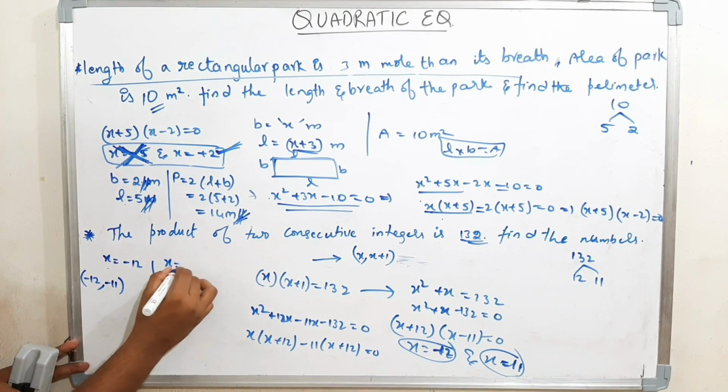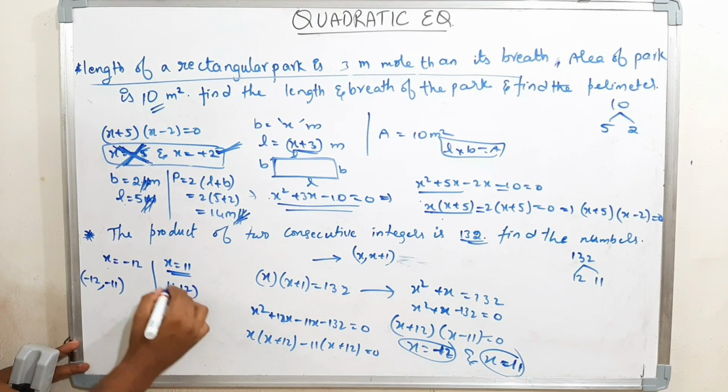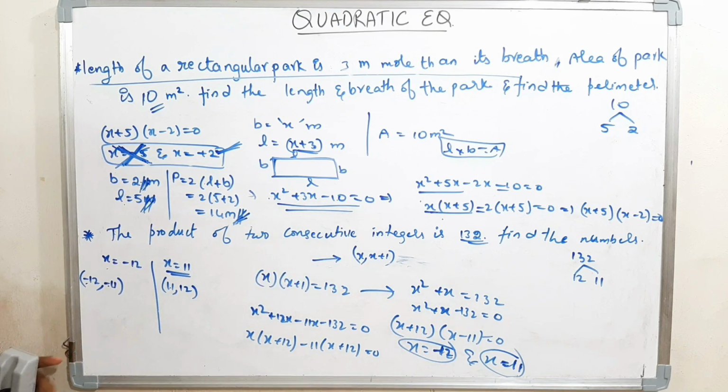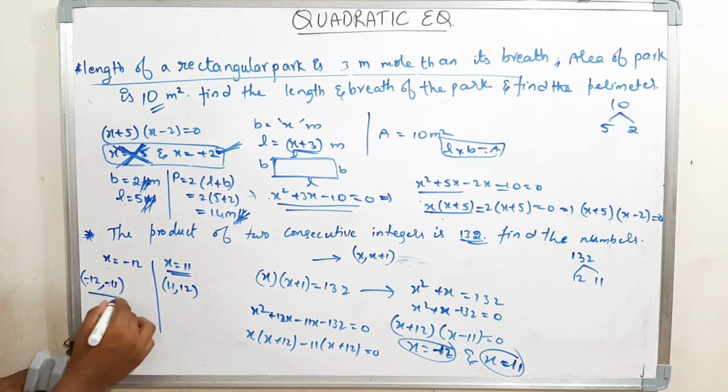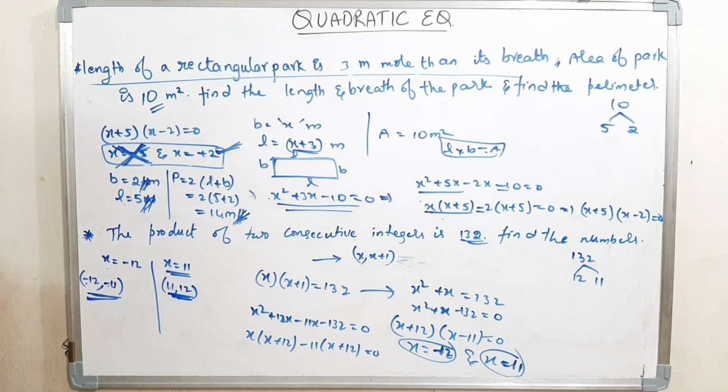Or if I take x is equal to 11, then the consecutive numbers are 11 and 11 plus 1, which is 12. 11 into 12 is 132, minus 12 into minus 11 is 132. Both are right. These are the two sets of two consecutive numbers. Any of them may be the answer.